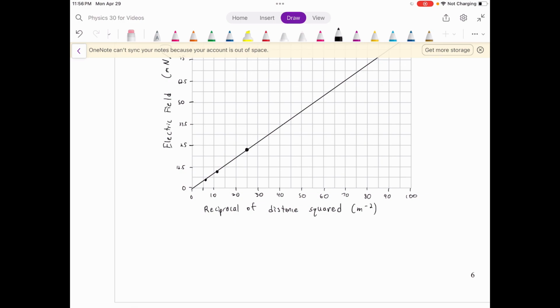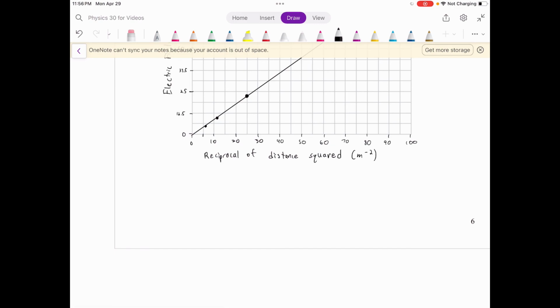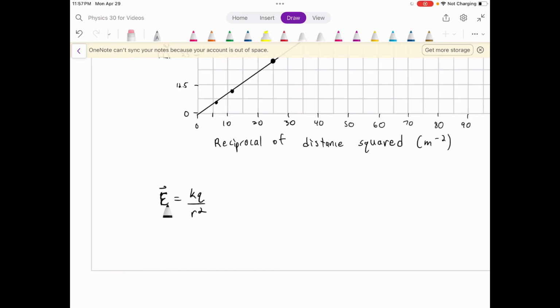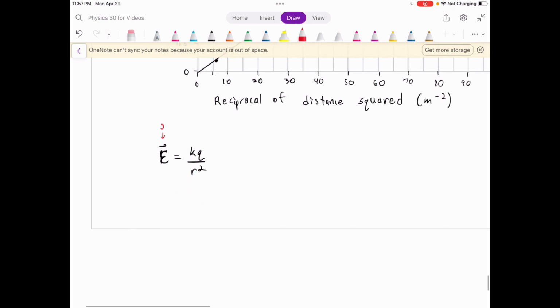Well, if you go to your formula sheet, I can only think of one. It's this one, right? The electric field equals K times Q, Q is what we want to find, over r squared. Now this is on our y-axis, right? Now, r squared isn't our x-axis, but 1 over r squared is. Maybe if I rewrite it, we can see it a little more clearly, right?